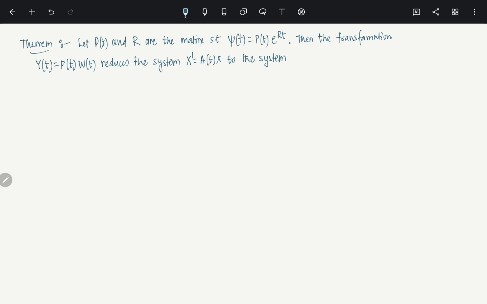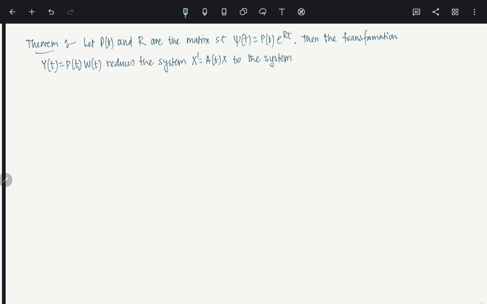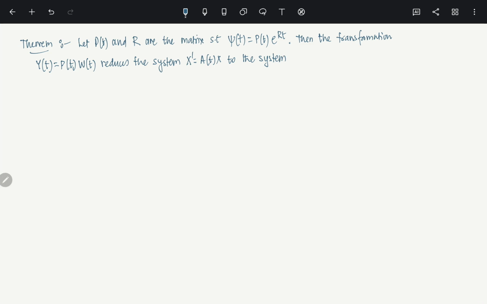Once we know how to solve the homogeneous problem, we can of course use Duhamel's principle to solve the non-homogeneous problem. That is always done. So we just have to somehow work out the homogeneous problem. It's saying that you have this transformation.